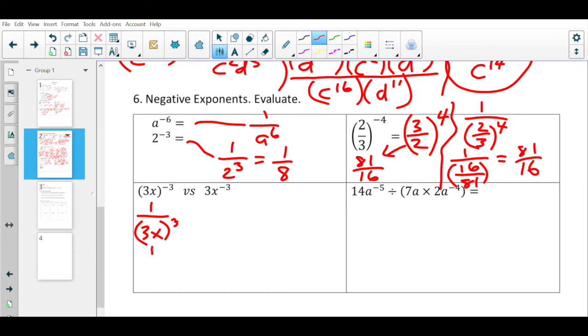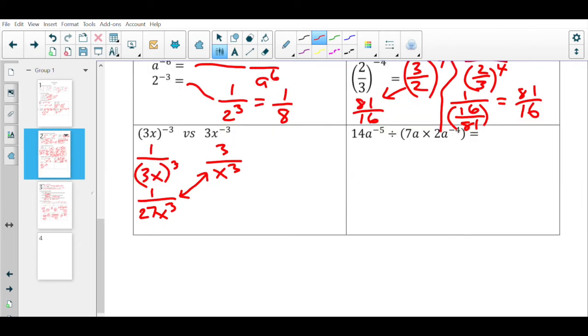So that's 1 over 27x to the third, versus 3 over x to the third. These two are clearly different because the brackets change the values of each. So mind your brackets and ask yourself the question, what is the exponent attached to?